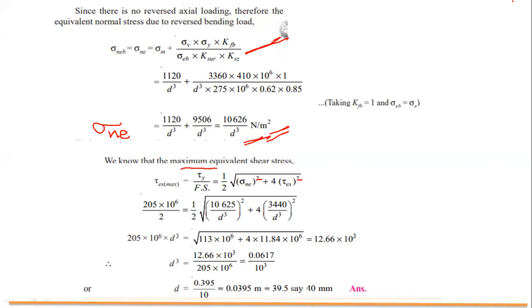Now substitute all these values in this equation. We can get the required shaft diameter, D equal to 40 mm. The required shaft size is 39.5 mm, but 40 mm is the standard size, so you have to consider 40 mm. So this is the answer.